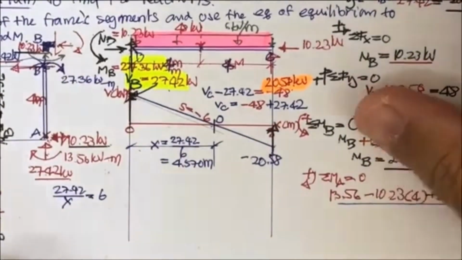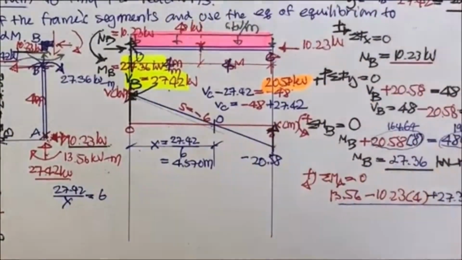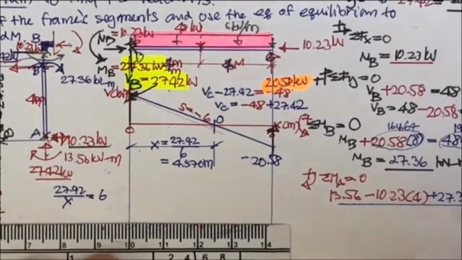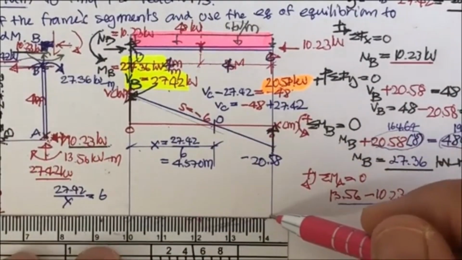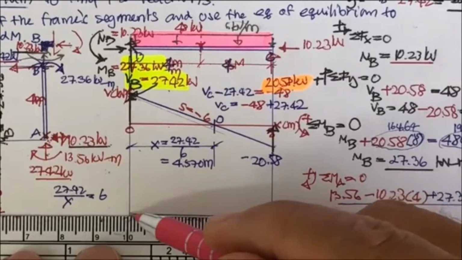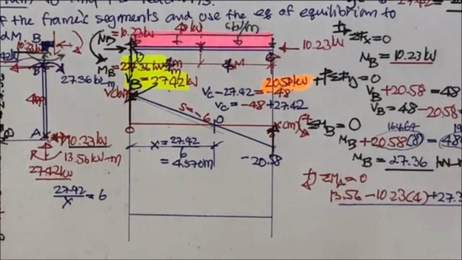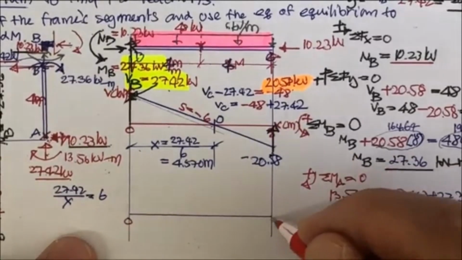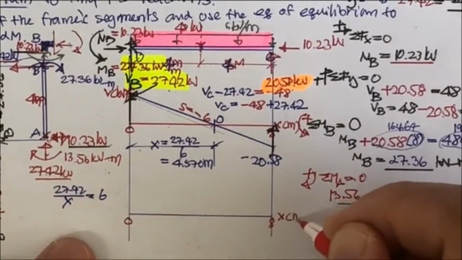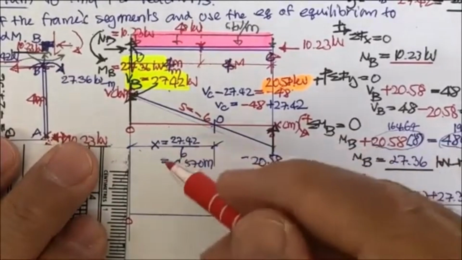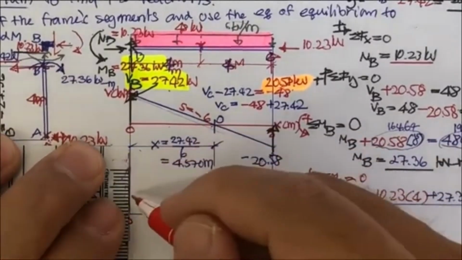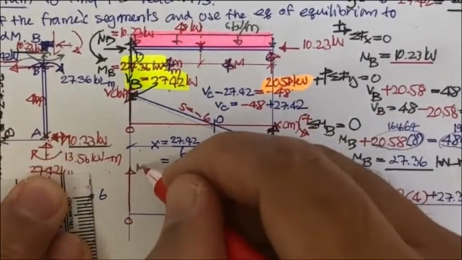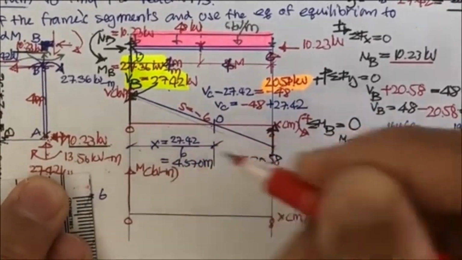Okay, that's for the shear diagram. And then for the moment diagram, we may put things into this, and we will again start from here to here. This is x in meters, and the vertical axis is M in kilonewton meter.